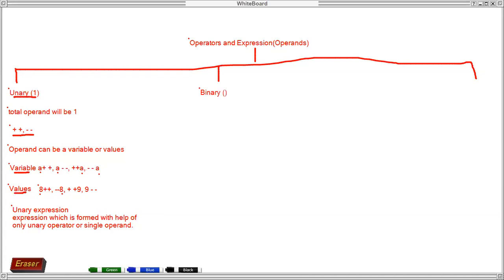When I say 2, that means the total number of operands will be 2, not 3. Try to understand, it will be only 2.